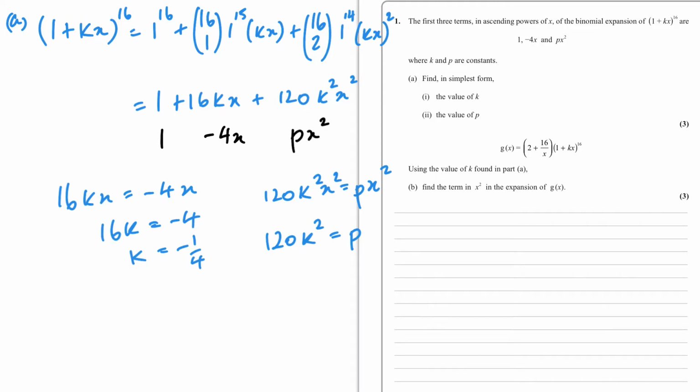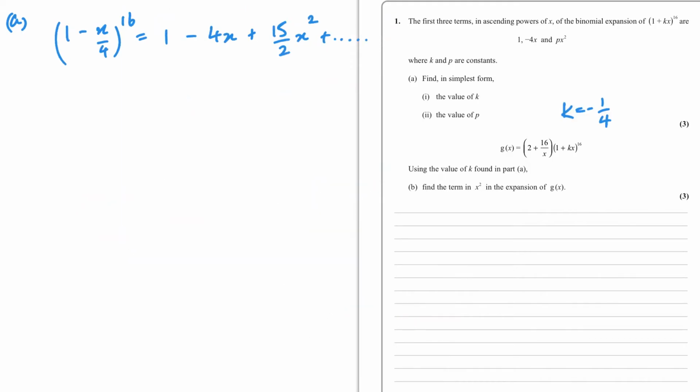K is minus 1/4, but k squared would be positive 1/16. Therefore p is 15 over 2 or 7.5. Okay, so we've got the first three terms of the expansion and we need to look at this.